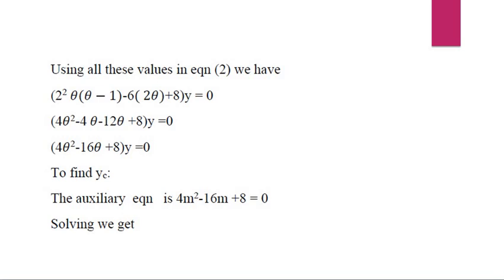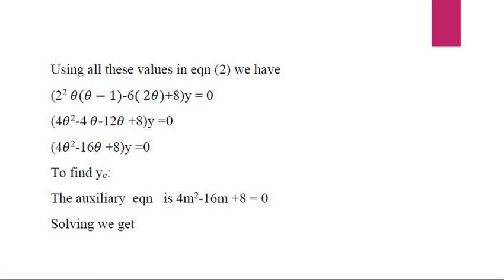This is a differential equation with constant coefficients. In order to solve this, we must find the particular integral as well as the complementary function. First we find the complementary function. For that we have to form the auxiliary equation. The auxiliary equation is 4m squared minus 16m plus 8 equal to 0. This is a quadratic equation in m.